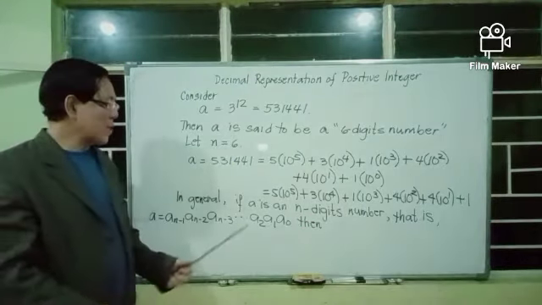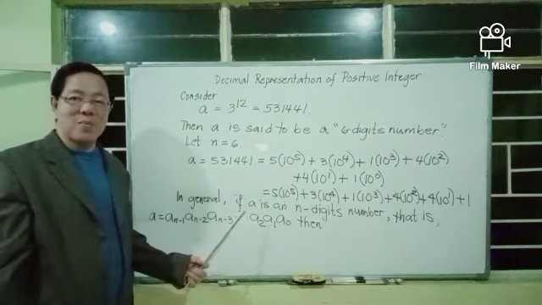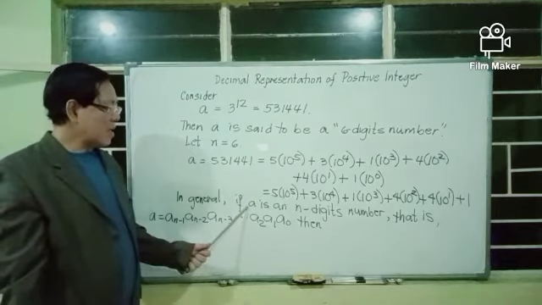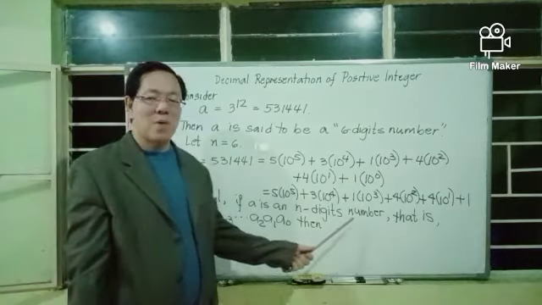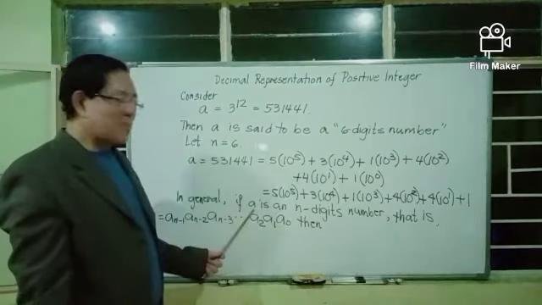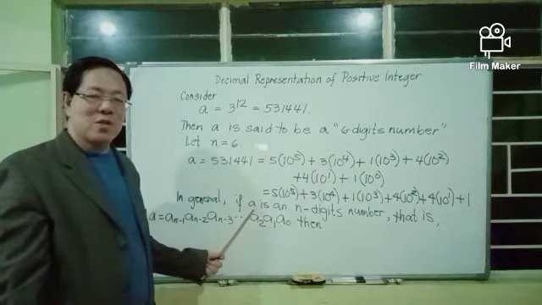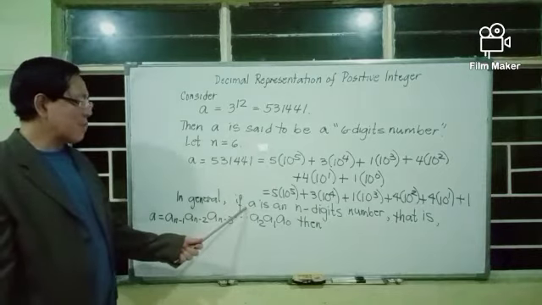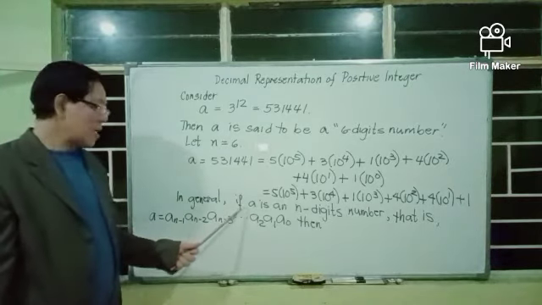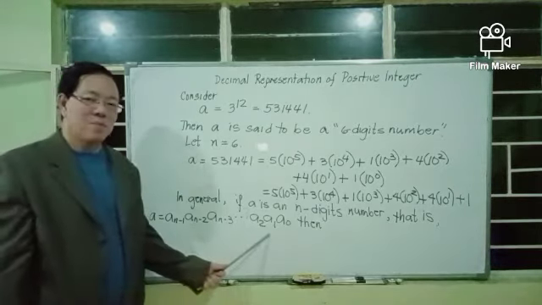In general, we take any positive integer a. The positive integer a is an n digits number, which means that the decimal representation of this positive integer has n digits. Suppose this positive integer a has this decimal representation.